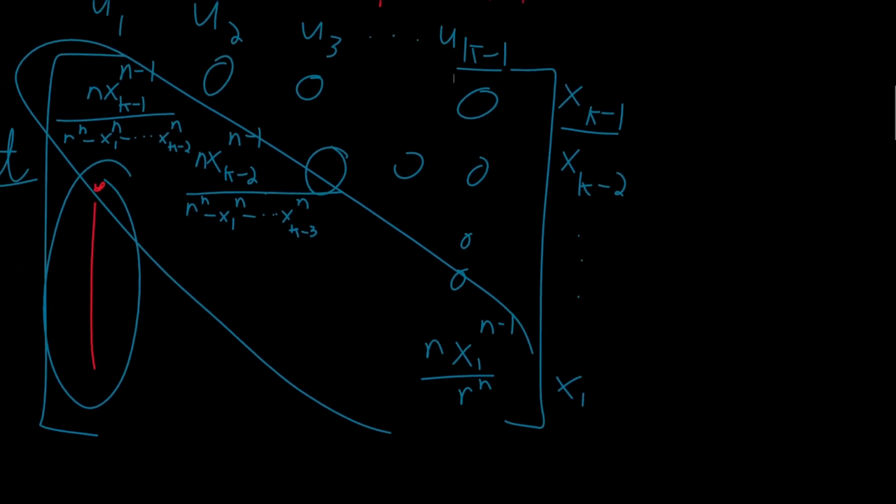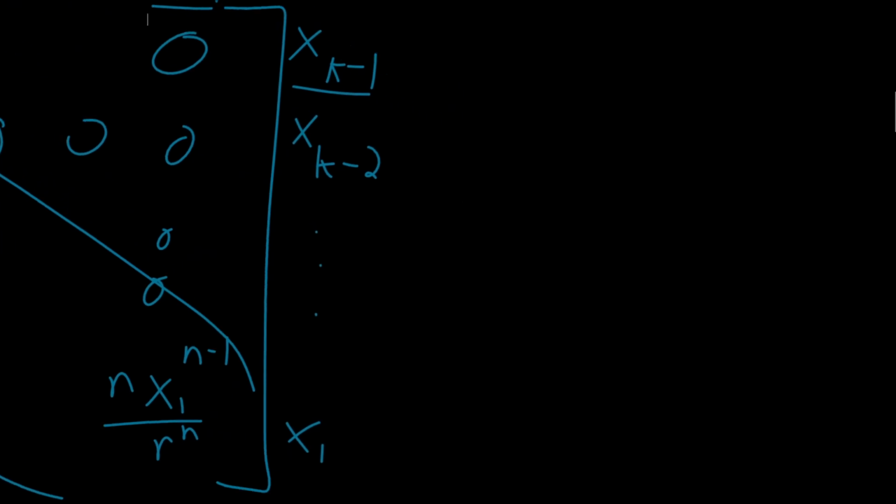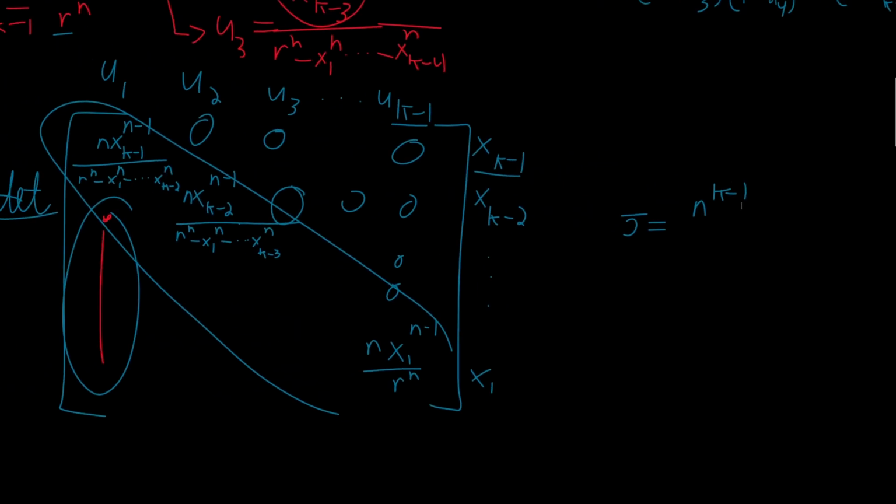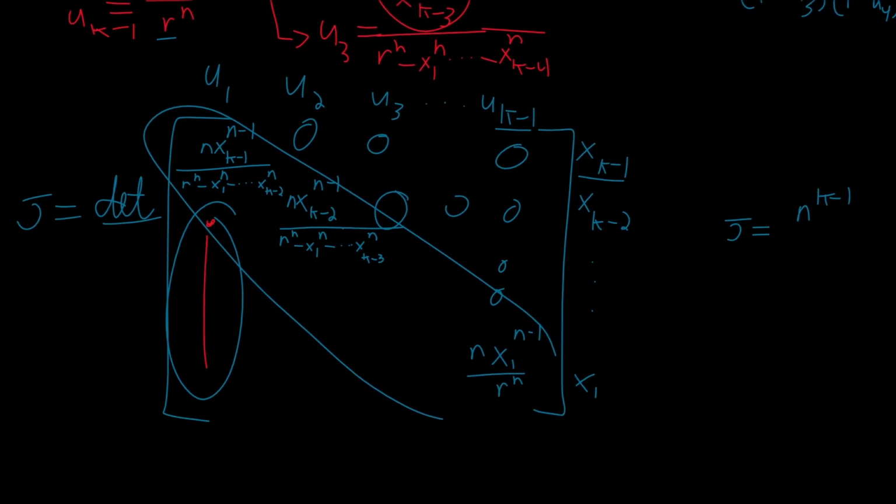So doing that, let's just take this term by term. The n right there is going to be n to the k minus 1, because it's in each term once, and we're multiplying k minus 1 terms, right? So our Jacobian is going to be equal to n^{k-1}. Obviously not just it, we're just starting on it.